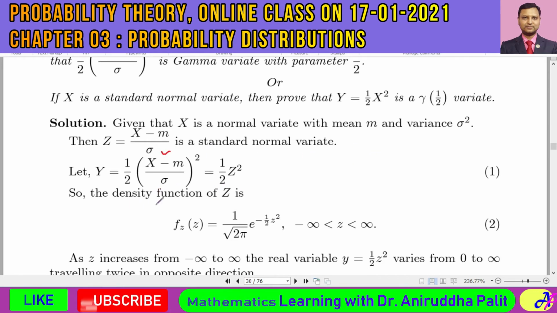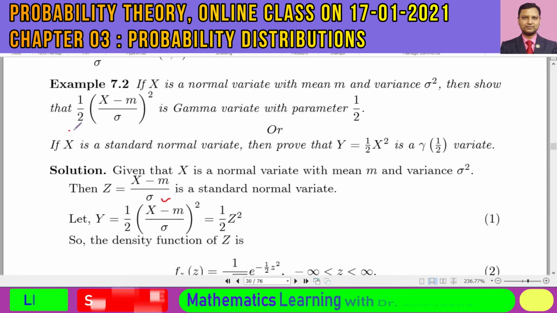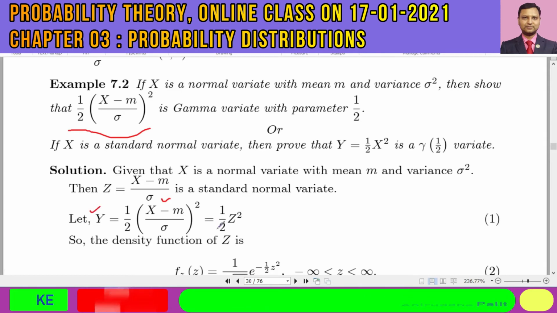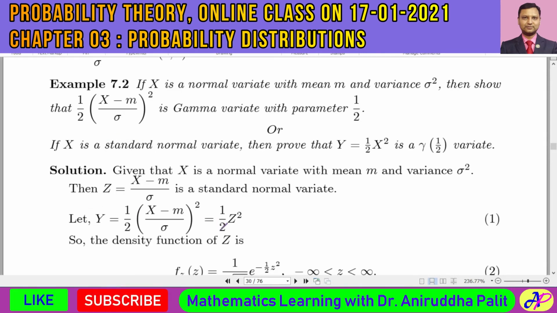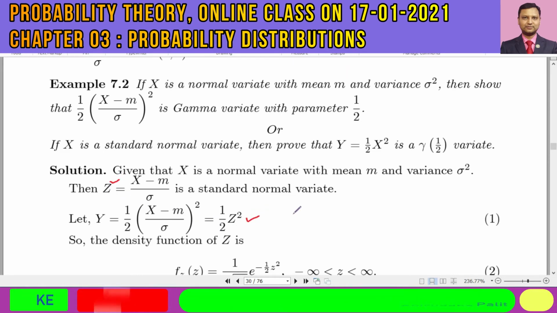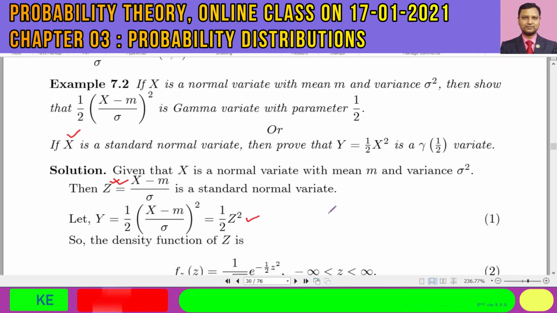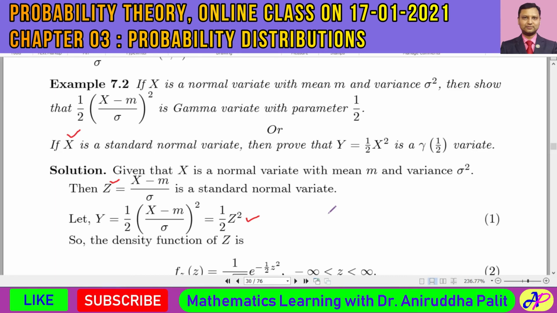So for the time being, we suppose that this is the expression of the random variable y. So we denote it by y. Y is equal to half of ((x minus m) by sigma) whole square, and for simplicity, as we took z equal to (x minus m) by sigma, we can write it as half of z square. So in place of x, we are considering this random variable z, as z is a standard normal variate.